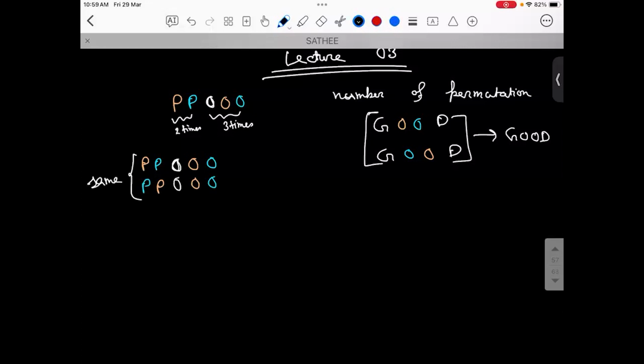Again, for these two P's, we get extra cases, and these cases are equally the same. What are those cases?